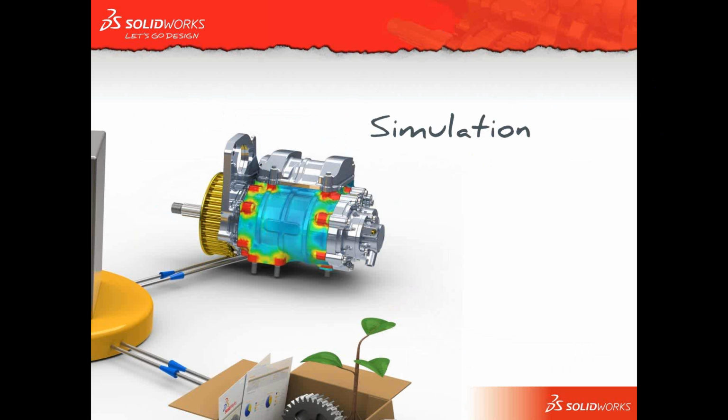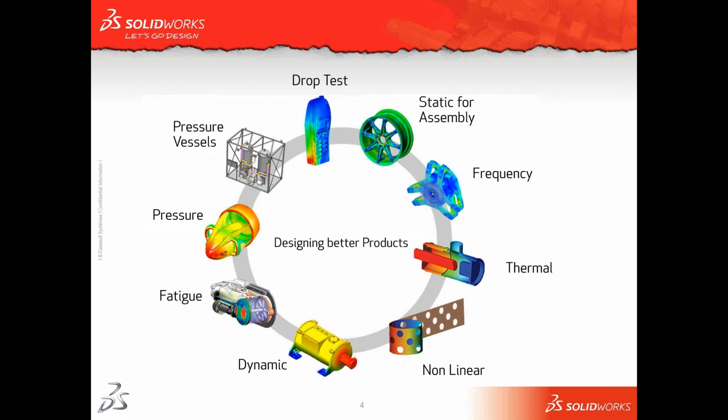As I said, this morning we're going to take a look at the simulation element. If you take a look at this little wheel here, it gives you an indication of the type of simulation studies that we can run with SolidWorks Simulation. We can do static analysis for assemblies in SolidWorks Premium.